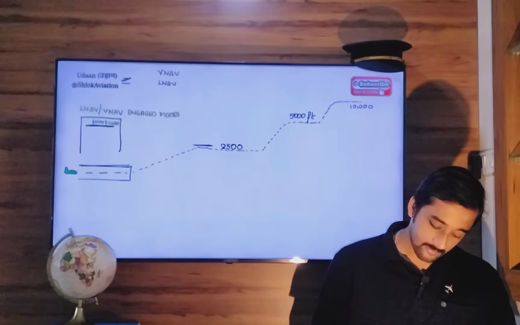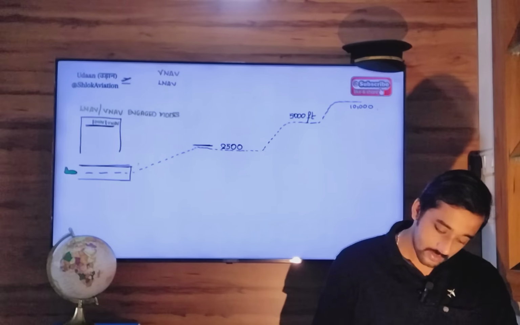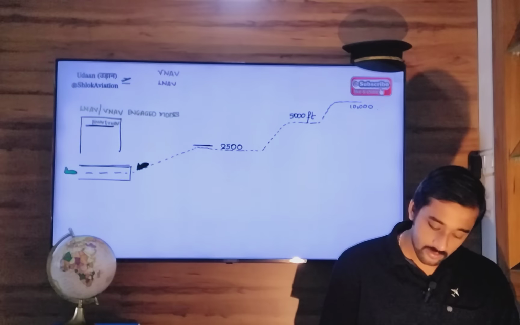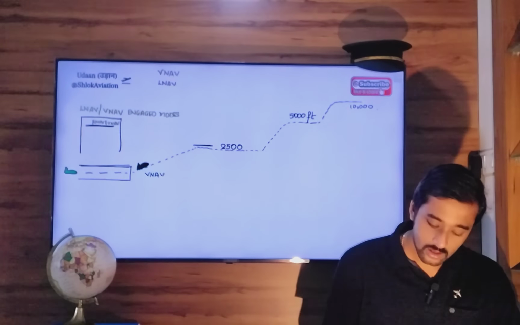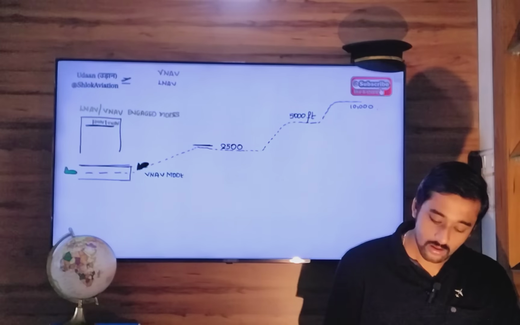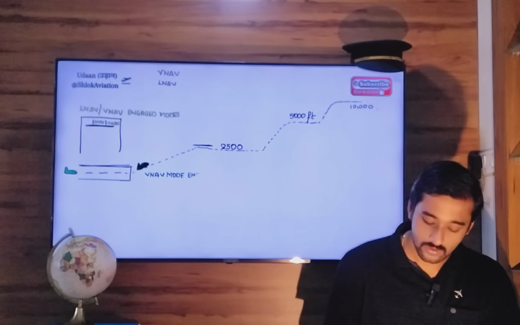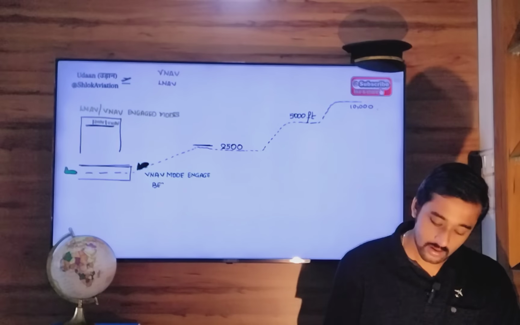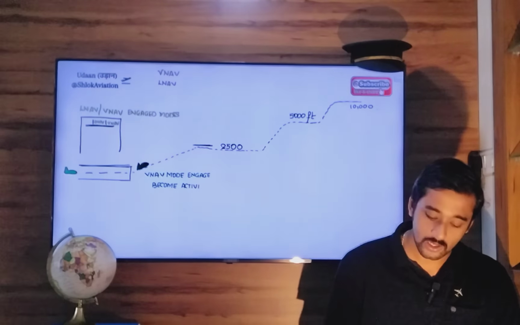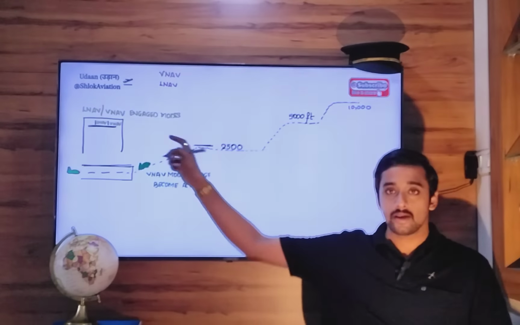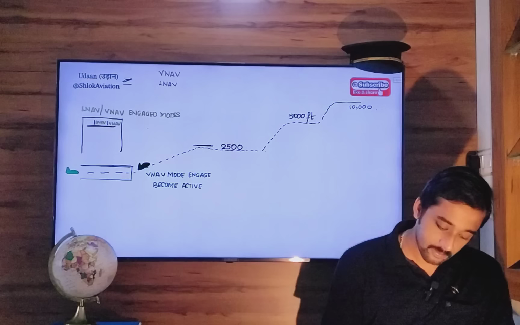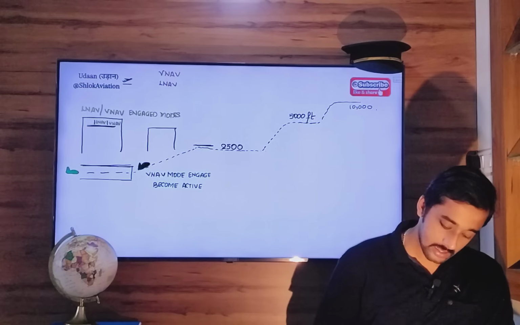Whenever your aircraft becomes airborne, automatically this VNAV mode will engage, become active. And you will see that written on the top of the primary flight display, VNAV, in green.